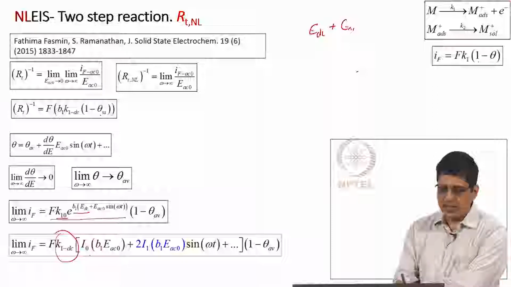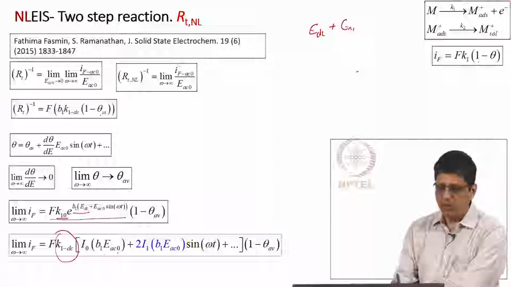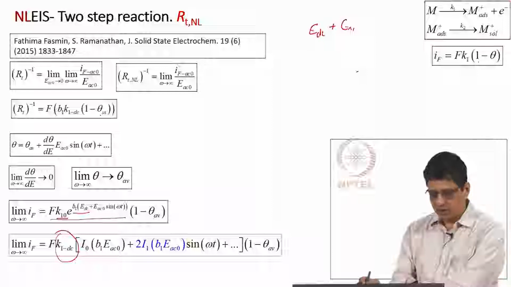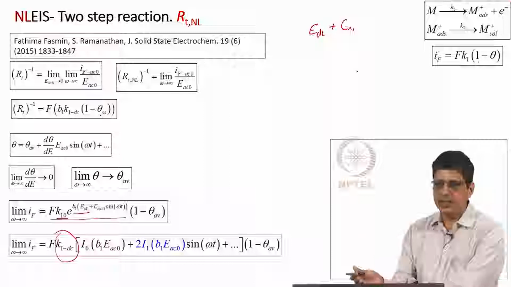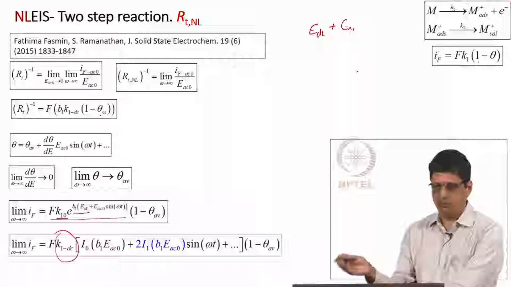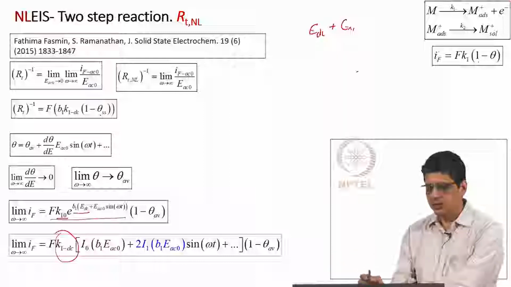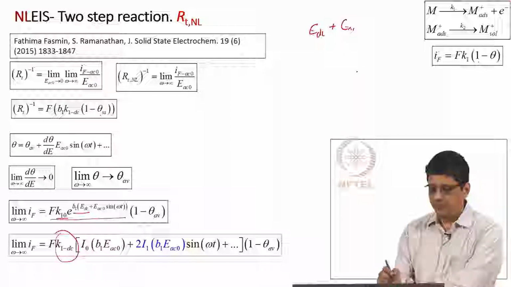So, first term is going to be I0 B1 EAC 0, second term is going to be 2 I1 B1 EAC 0 sin omega t plus and so on, sin 2 omega t or cosine 2 omega t, sin 3 omega t, etc., plus minus, all those things will come, multiplied by 1 minus theta average.